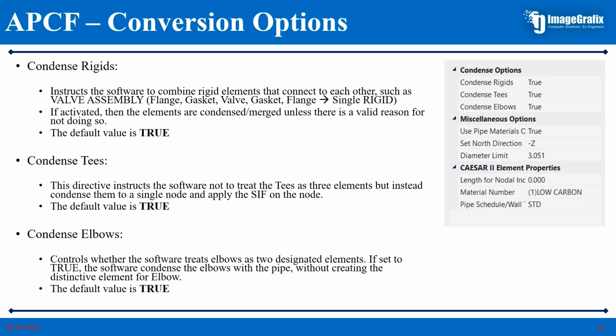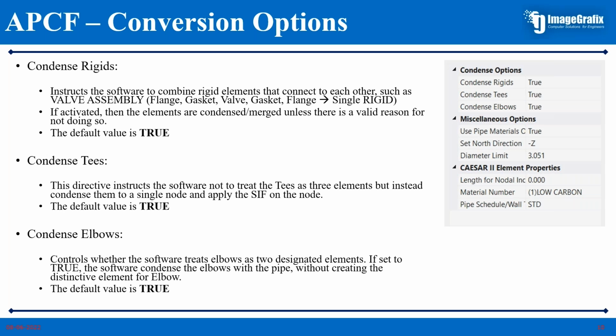When converting this model, I might require it as flange, valve, flange, or I might have it as a single element. So if I make it true, the entire assembly will be a single rigid element in my CAESAR II window, with the combined weight given to that single element.